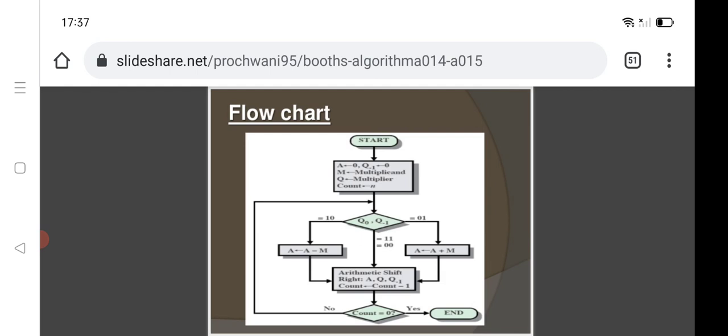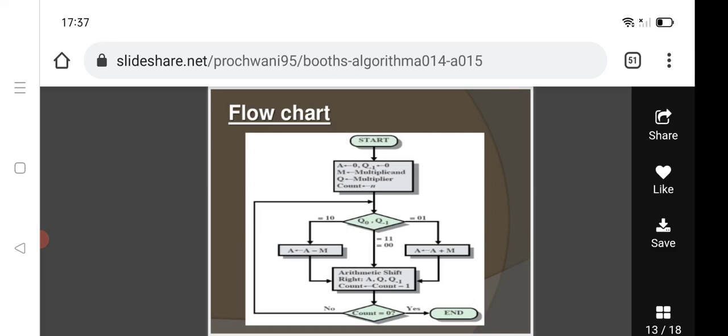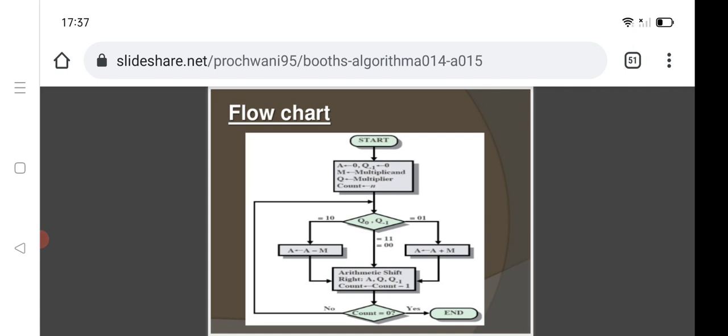What are those? 0 0, 1 1, 1 0 and 0 1. If these two values are just 0 0 or 1 1, then what do I need to do? I need to do the arithmetic shift right operation, and this arithmetic shift right will extend from A through Q to Q minus 1.